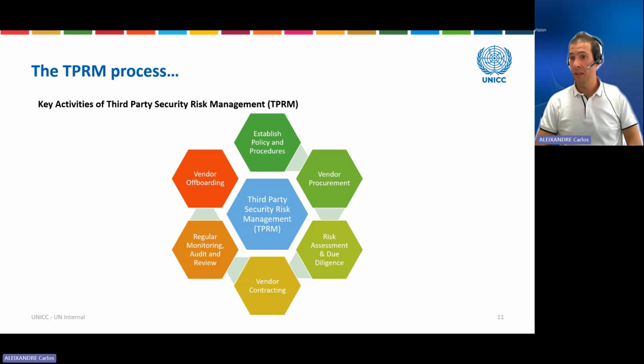And finally, last but not least, we have the vendor offboarding, where all the activities are key, but this one is also key. So we need to make sure that when we exit a vendor, we take our data with us, right? So we export our data, we keep our data.